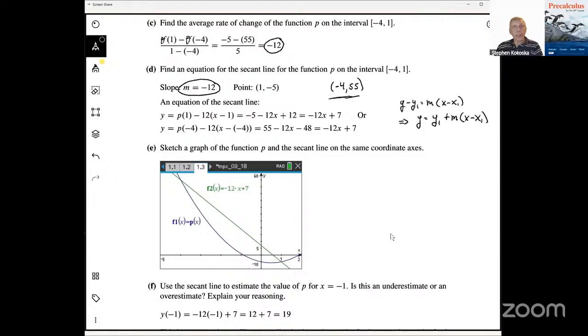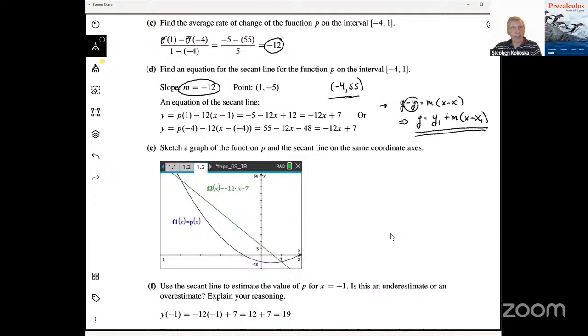So for an equation of the secant line, I'm actually going to go over here to the right-hand side first. This is the way that I learned it. An equation of the secant line is y minus y1 is equal to m, the slope of the secant line, times x minus x1. But another way that we often see this in AP Pre-calculus is we bring this y1 to the right-hand side and just immediately write the equation of the secant line like that.